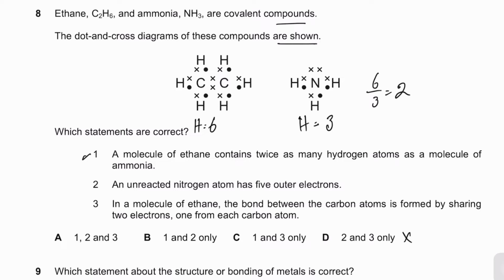An unreacted nitrogen atom has 5 outer electrons. From here we can see 1, 2, 3, 4, 5. So if we draw the dot and cross diagram for N, 1, 2, 3, 4, 5, and from that we go ahead and add the hydrogens.